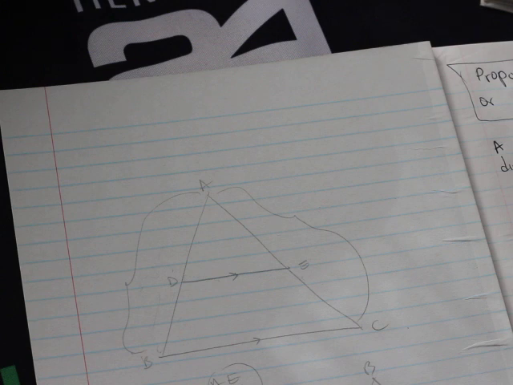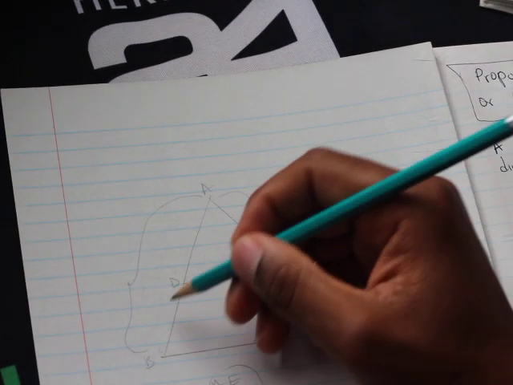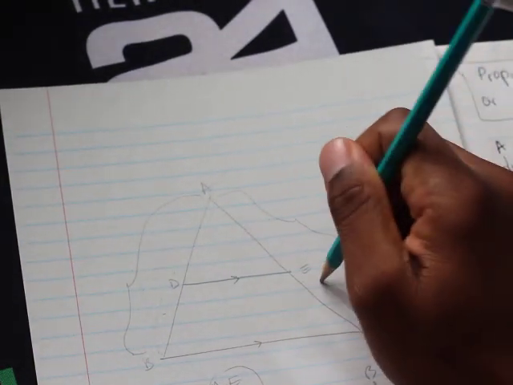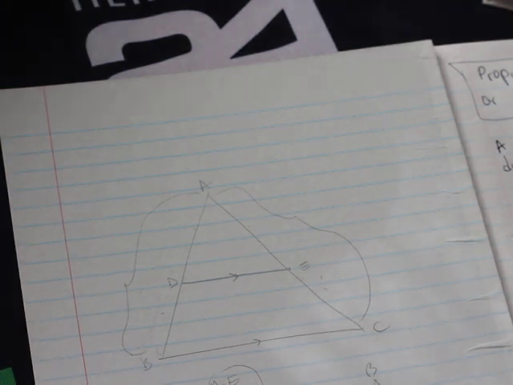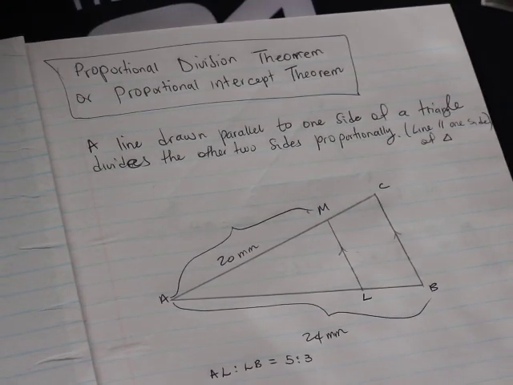The quotient of the two lengths is going to be equal. So don't get it twisted. That's what the theorem means: a line drawn parallel to one side of a triangle divides the other two sides proportionally. That's what we call the proportional intercept theorem, or according to the classroom mathematics textbook, the proportional division theorem.